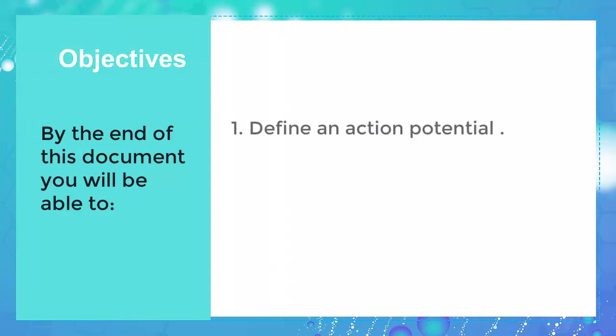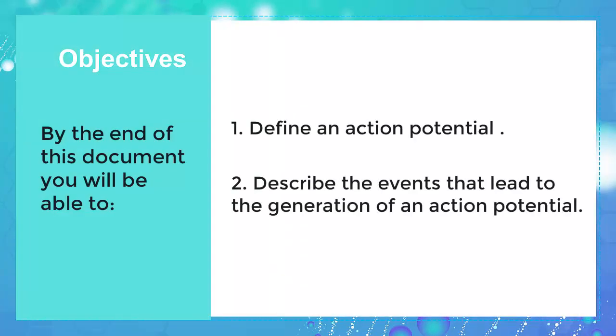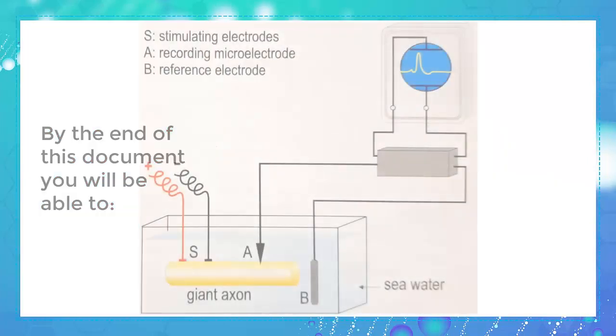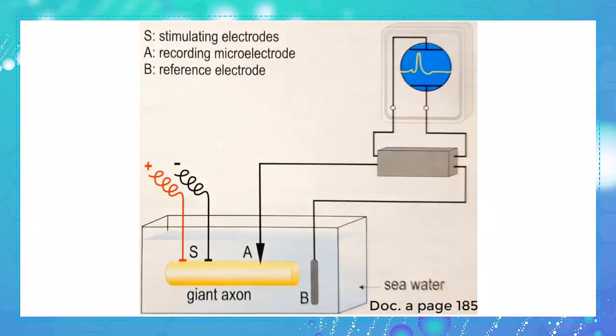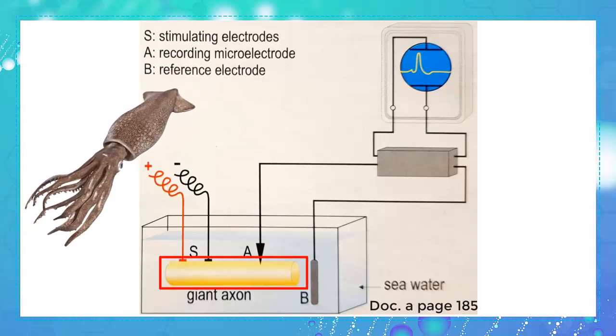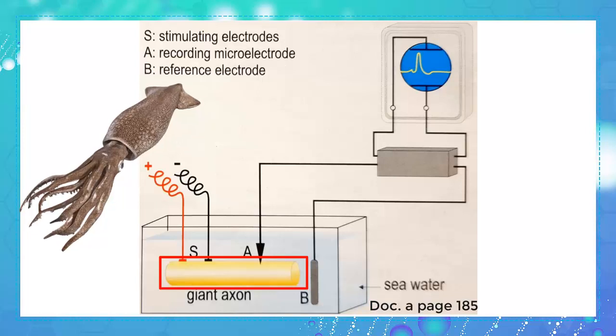And for this document, you will learn how a nerve message is generated within a neuron due to the disruption of this resting potential. Let's consider the experiment performed in document A of your books. An axon of a neuron is isolated from a squid. A squid is a sea animal whose axon is extensively used in experiments for its huge diameter.